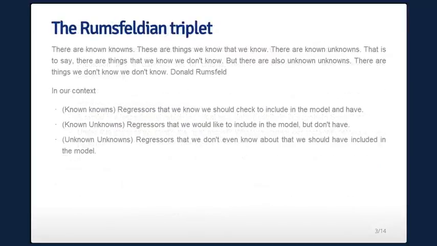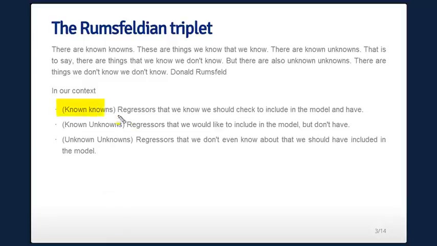Donald Rumsfeld, a former U.S. Secretary of Defense, had this interesting, kind of infamous quote. He said, there are known knowns. These are things that we know. There are known unknowns. That is to say, there are things that we know we don't know. But there are also unknown unknowns. There are things that we don't know that we don't know. It's an interesting quote that gets talked about a lot in statistics because it relates very well to what we think about.